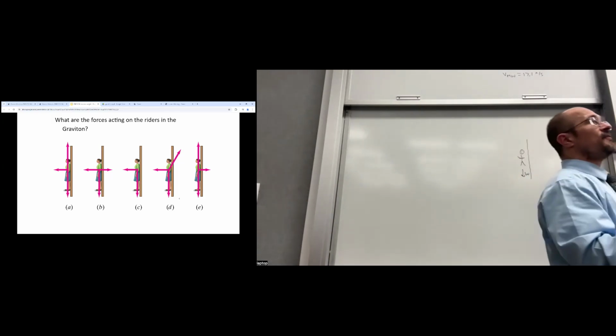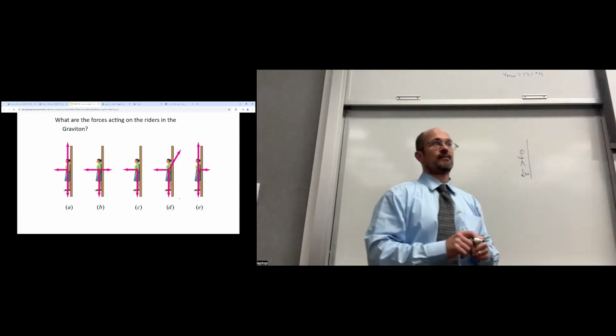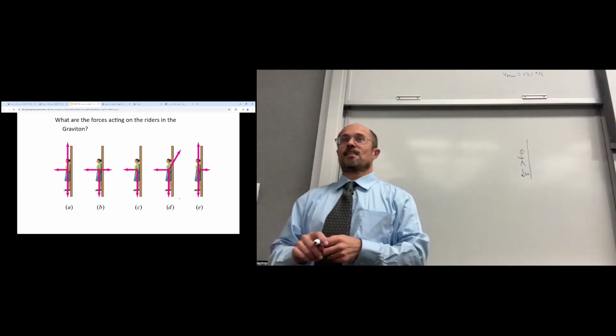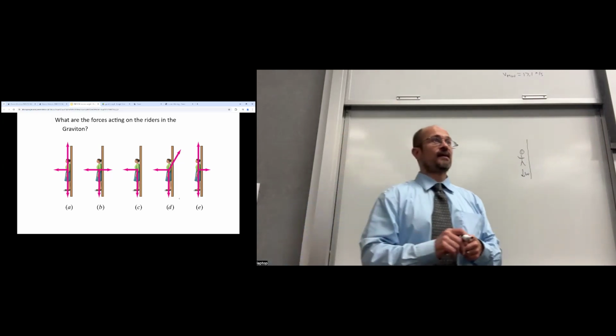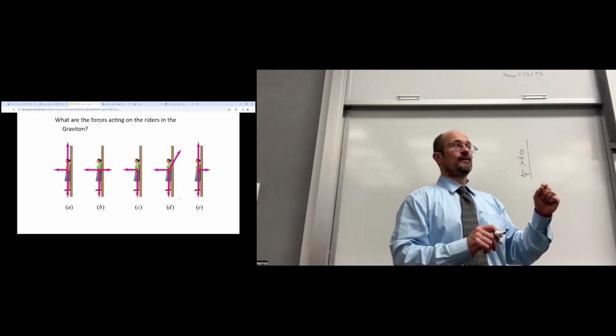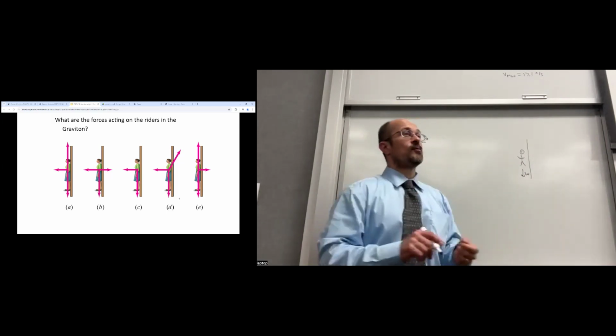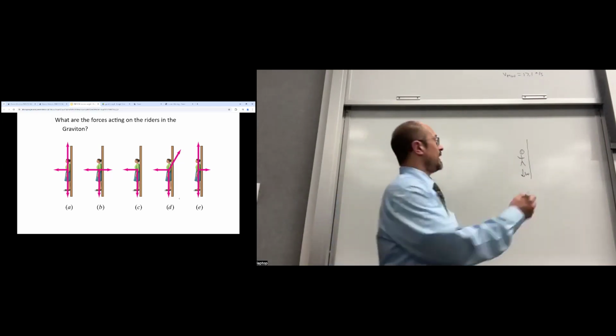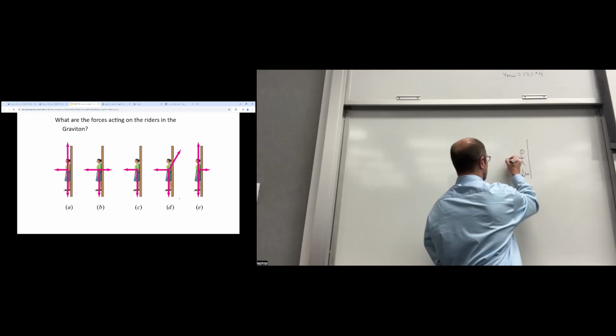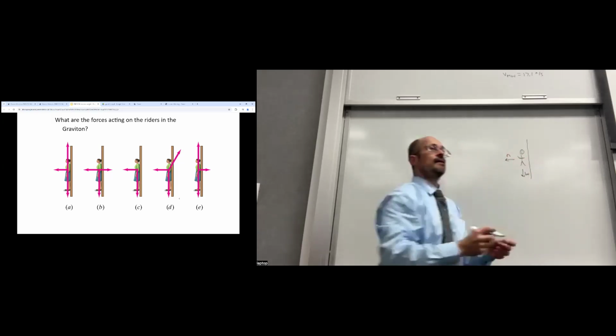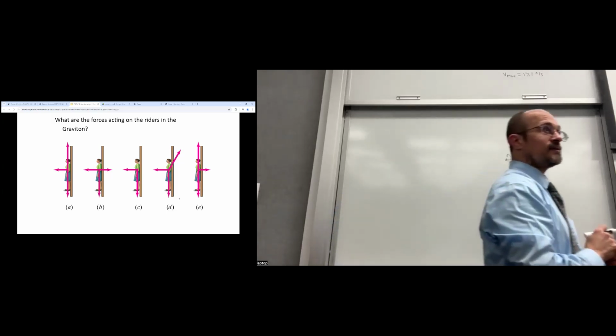But what is our definition of the normal force? It's perpendicular from surface to object. So what way does my normal force have to work? It has to work this way. And I need one more force.